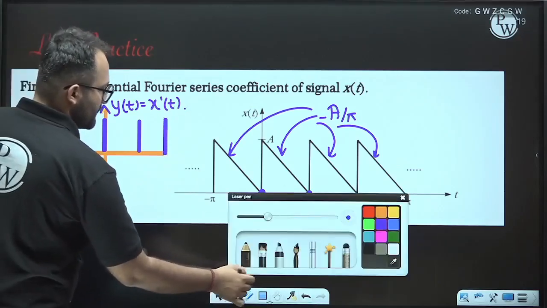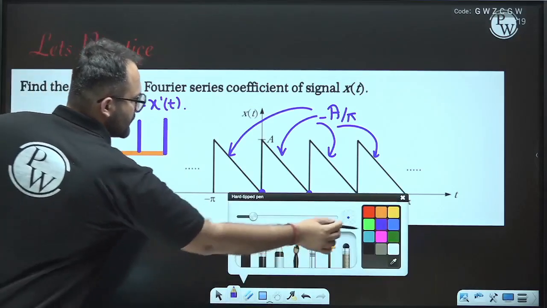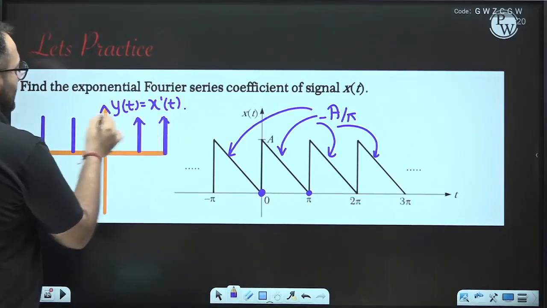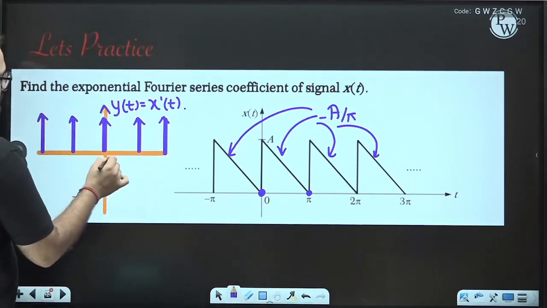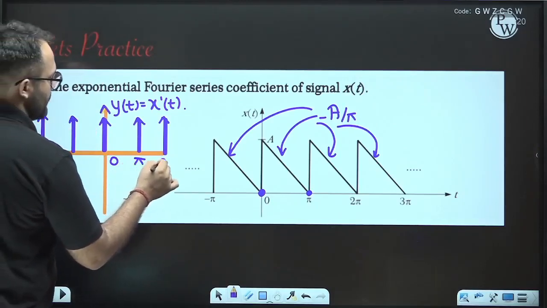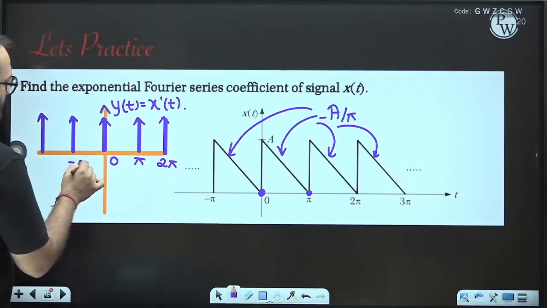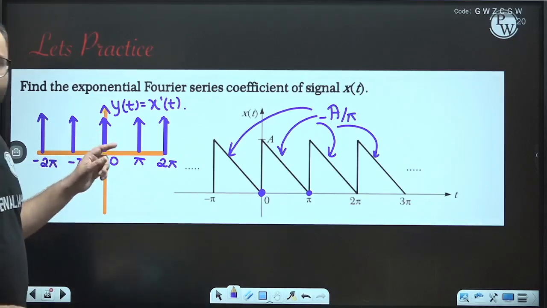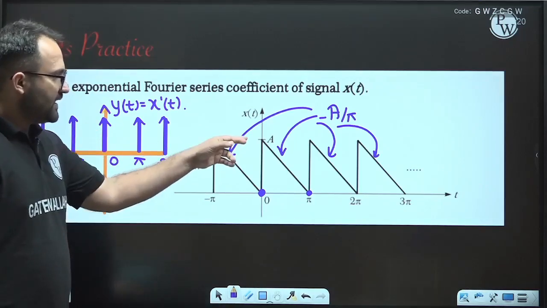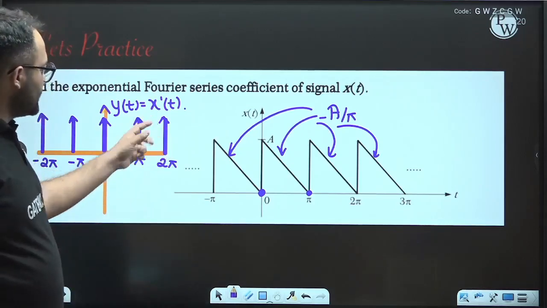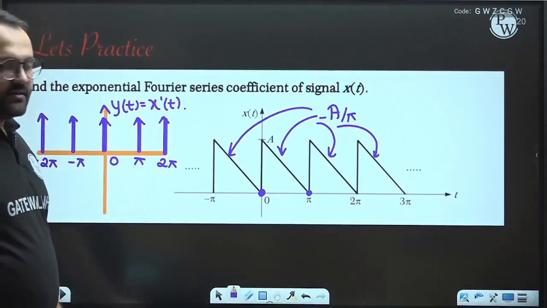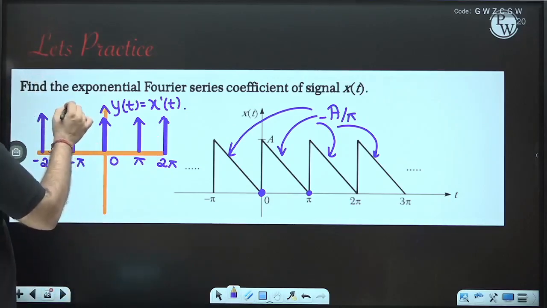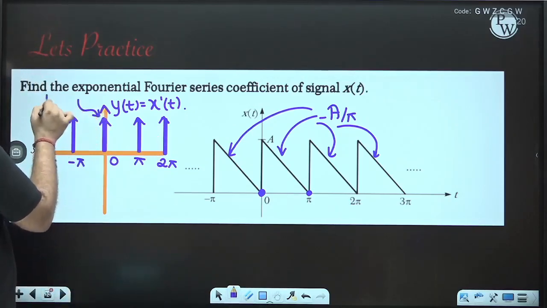So we will have deltas and the area of deltas will be capital A. So differentiation will have an impulse train at 0, pi, 2 pi, minus pi, and so on. So this delta will be A delta t.